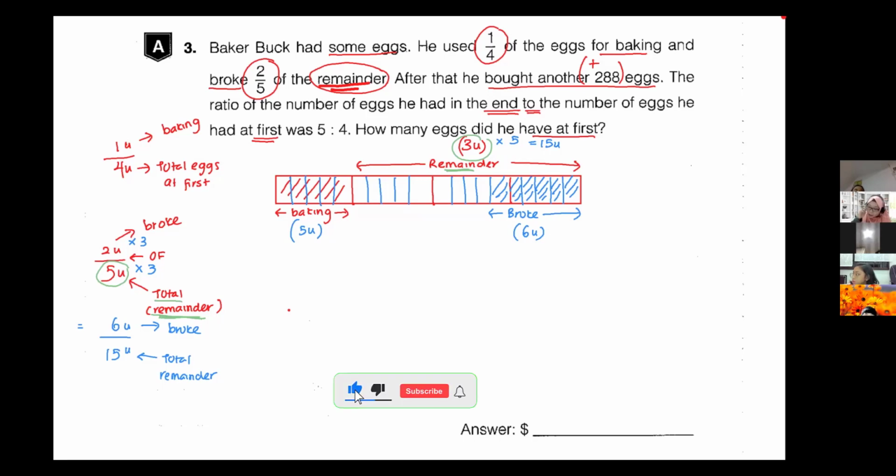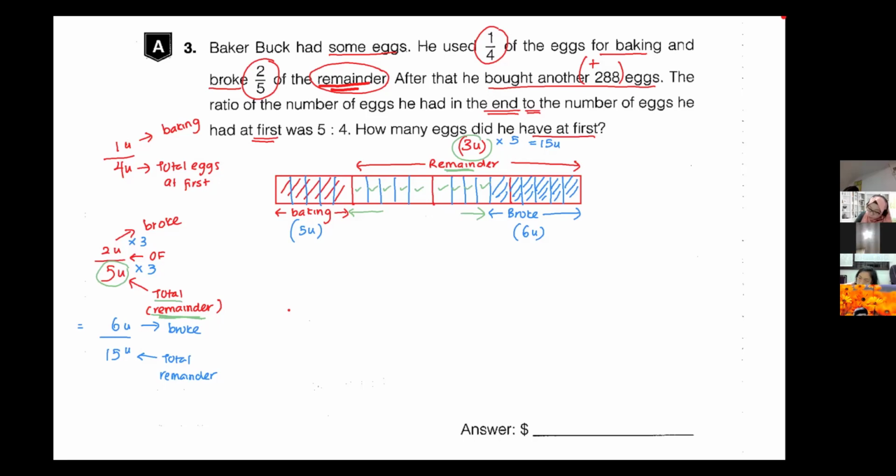Okay, and then what will I have left here? All these, 1, 2, 3, 4, 5, 6, 7, 8, 9. This one is my leftover, the one that he has before buying. This is what he actually bought.